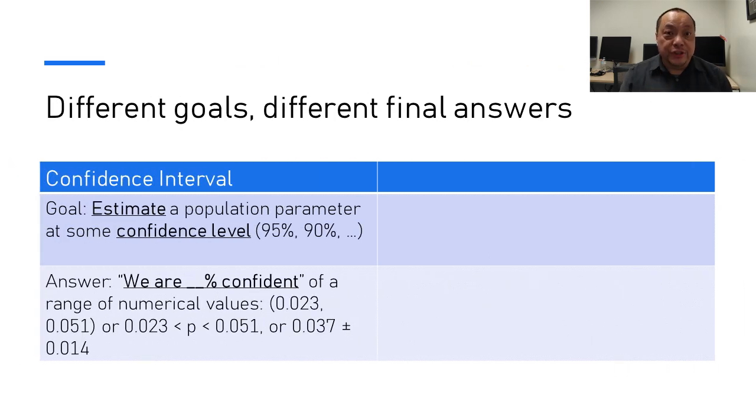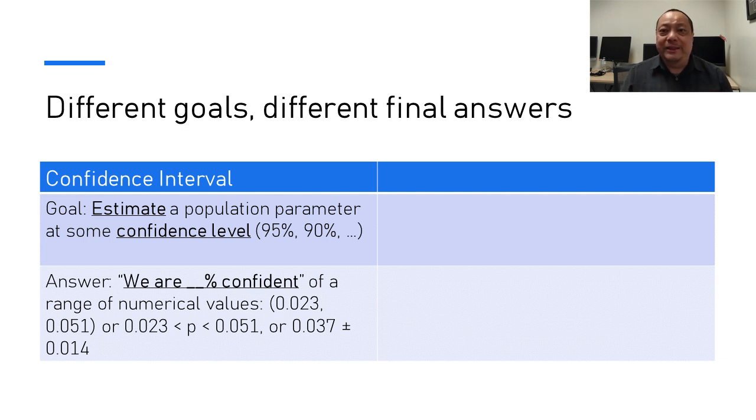Where they differ is what they are looking for. They have different goals. The goal of a confidence interval question or CI question is to estimate a population parameter at some confidence level. The answer to that would be something like we are 90% confident or 95% confident that the parameter is within some range of numerical values.